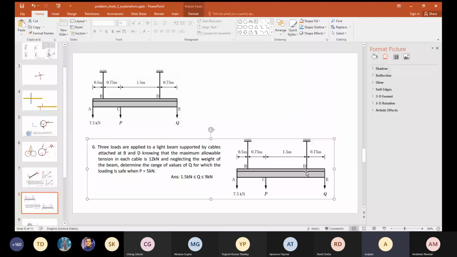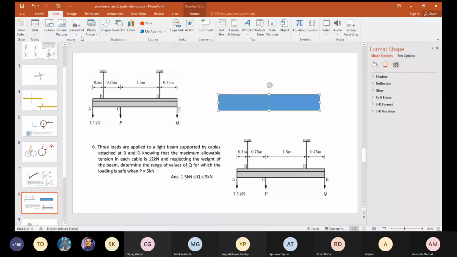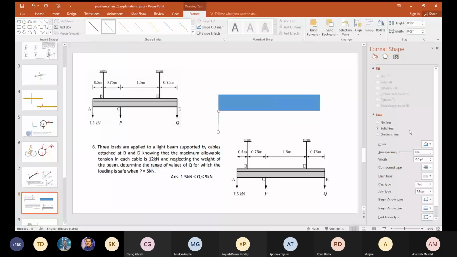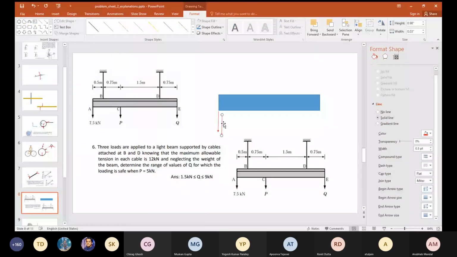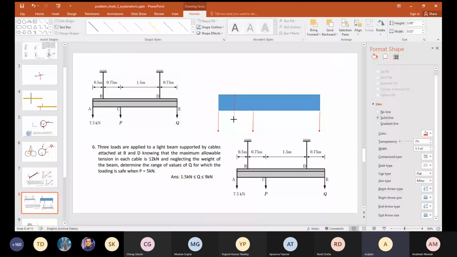There is a bar. Then I need to just look at... Is this the correct free body diagram? Yes or no?